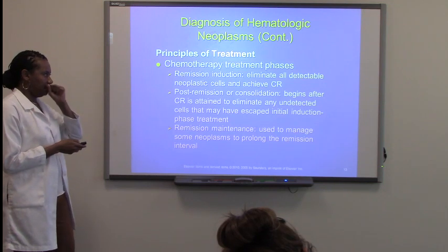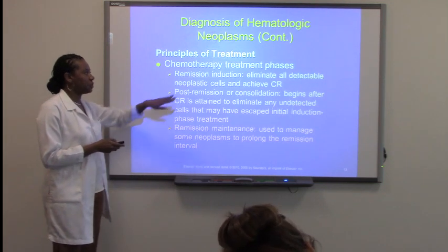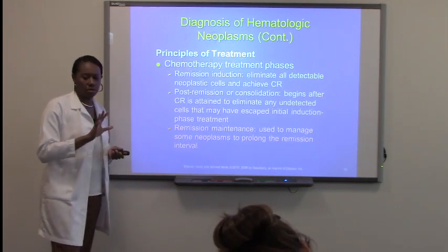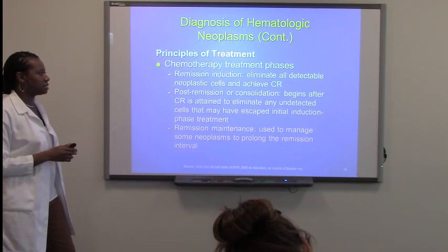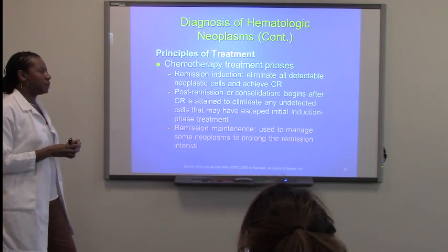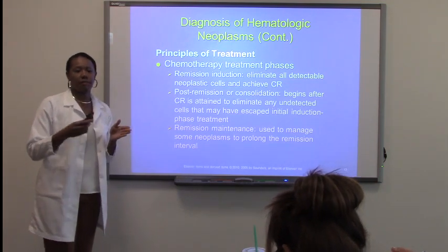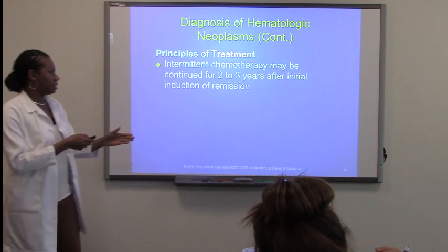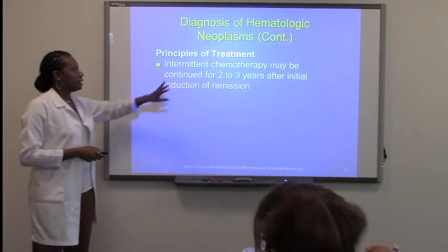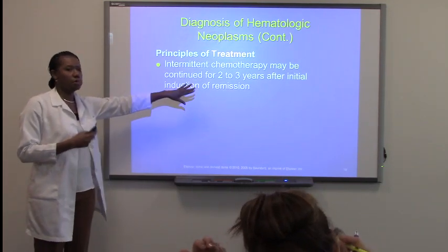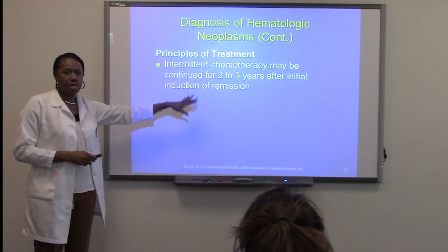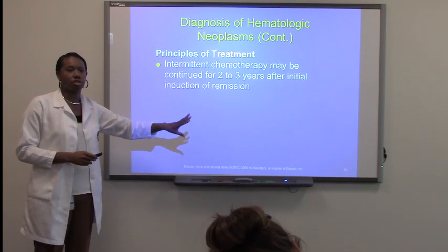Now, what will happen is remission will eliminate all of the neoplastic cells and achieve complete remission. But after post-remission, they will still give these patients chemotherapy 2 to 3 years after they are in remission.